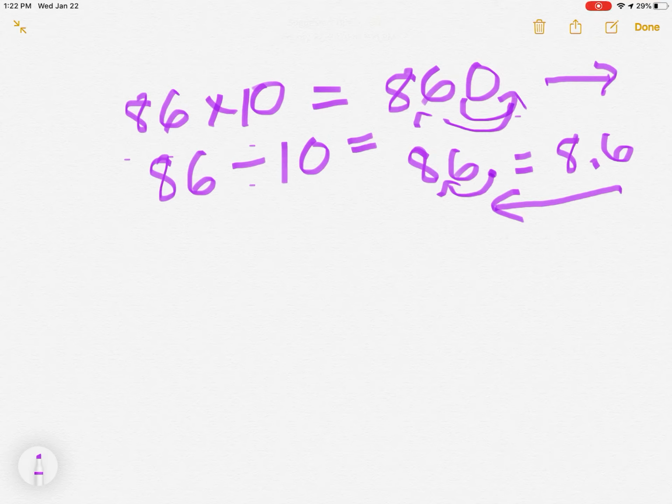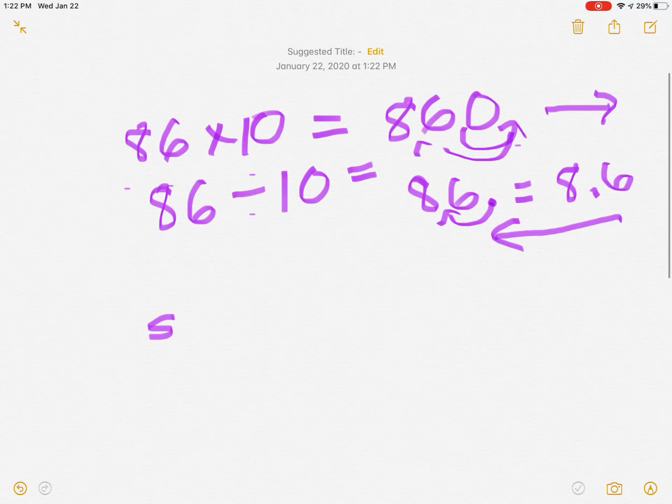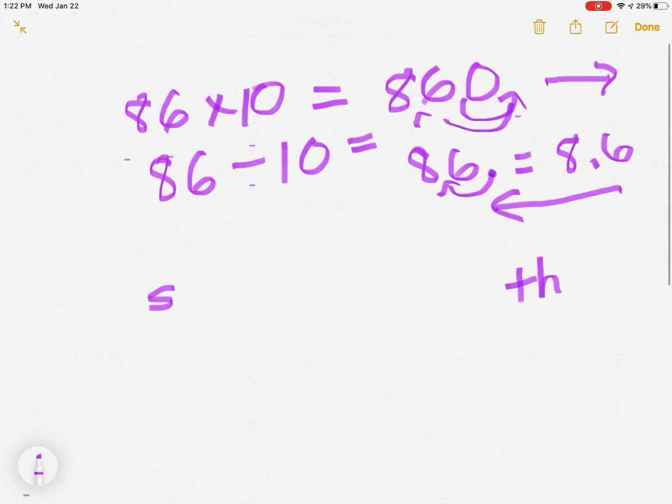Okay. Let's see. Oh, you're going to have some rounding. Rounding to the nearest hundredth. Remember last week we rounded to the nearest whole number place numbers, and those ended with S. This time we're rounding to decimal places, which round to the places that end with TH.